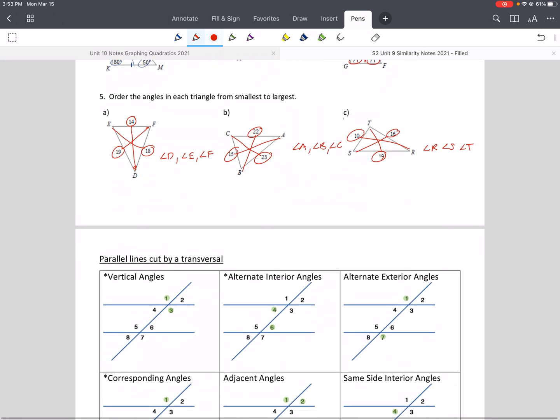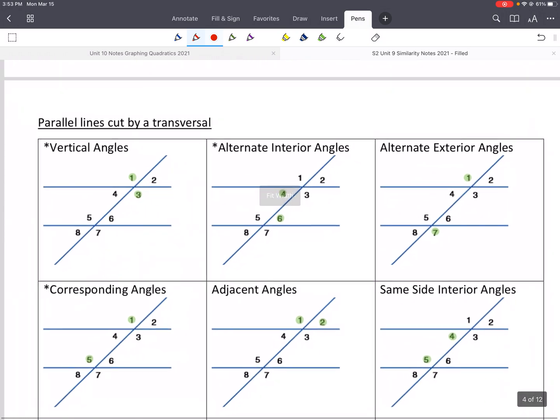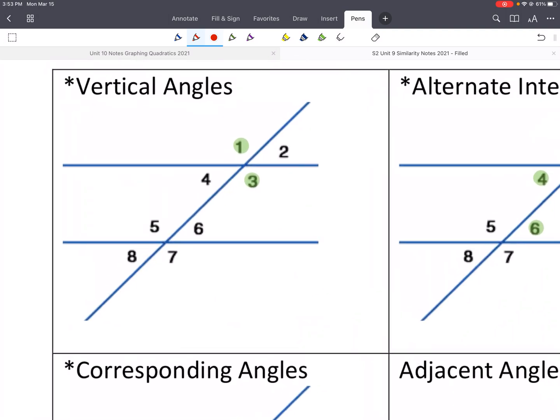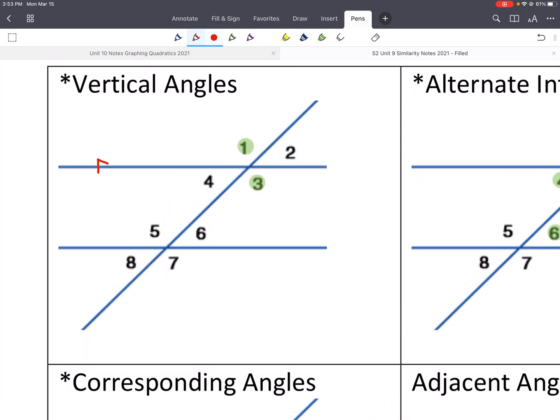All right, last but not least, we need to talk a little bit about angles, specifically parallel lines that are cut by a transversal. So typically, if you have like parallel lines, we use these little triangles to tell us that they are parallel. And then this is called a transversal.